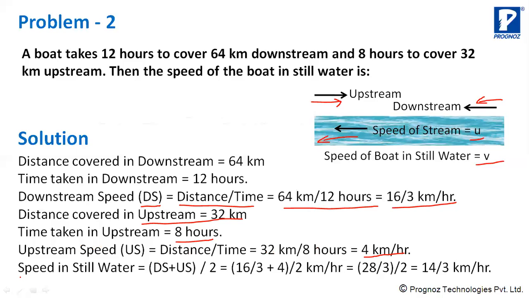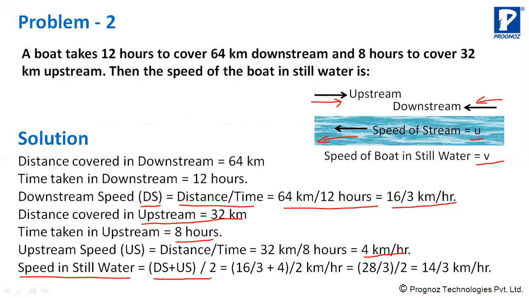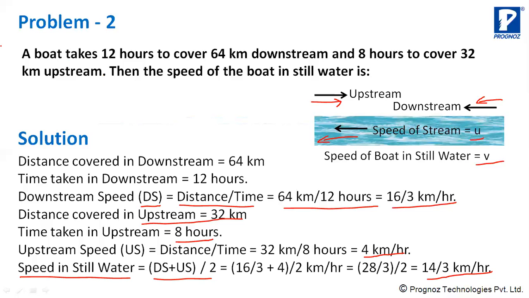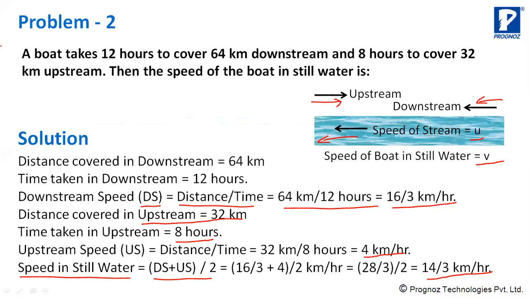So what is the speed in still water? The speed of boat in still water is equal to (DS plus US) by 2. Earlier, we had seen that formula. And after solving, we get 14 by 3 kilometers per hour. So the speed of boat in still water is 14 by 3 kilometers per hour in this problem.